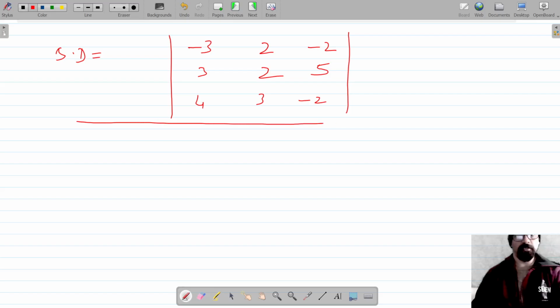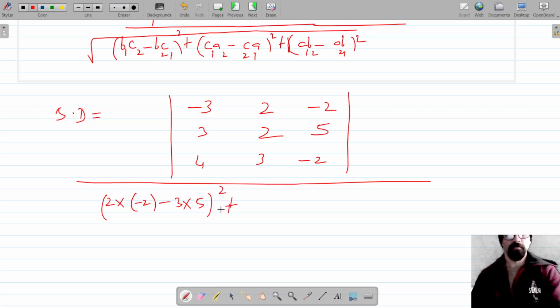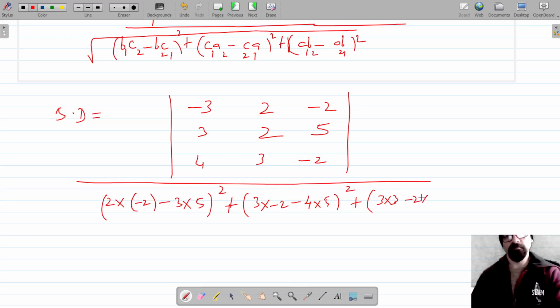And this has to be divided by the square root of b1 into c2, which is 2 into -2, minus b2 into c1, which is 3 into 5, the whole square, plus c1a2 minus c2a1, which is 5 into 4 minus -2 into 3, the whole square, plus a1b2 minus a2b1, which is 3 into 3 minus 4 into 2, the whole square. I'm just putting in the values.